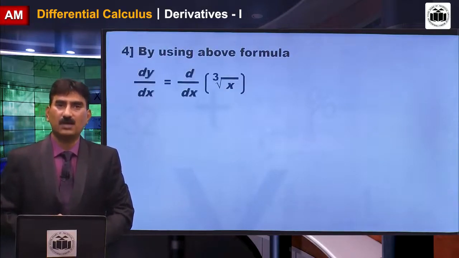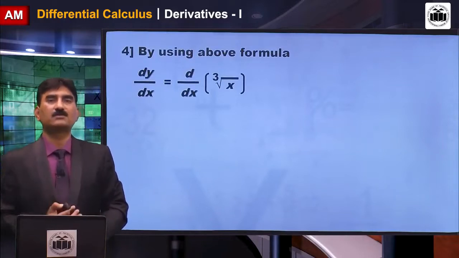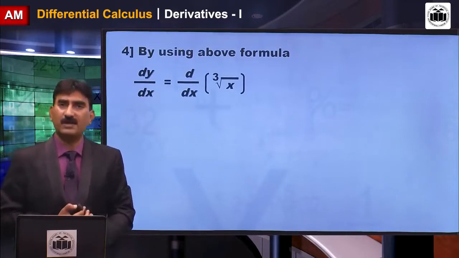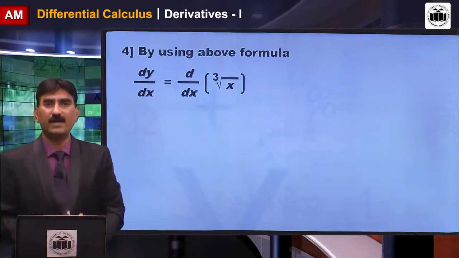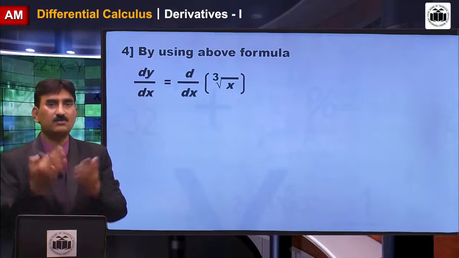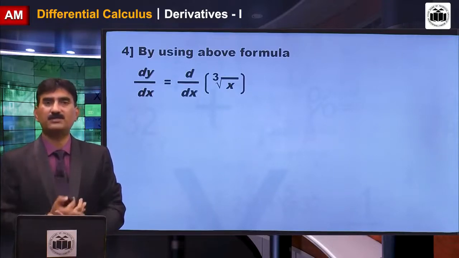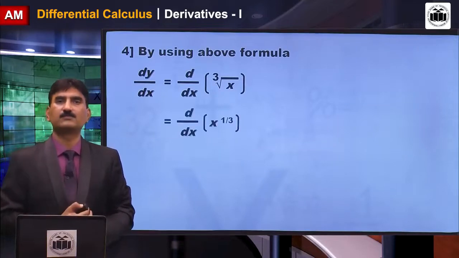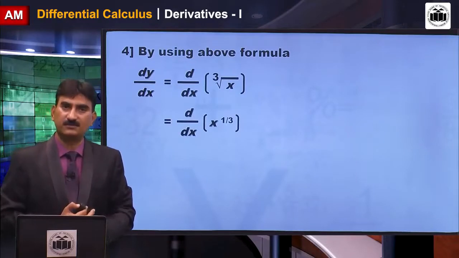Now another problem, third root of x. Now what is the derivative of third root of x? Again you have to convert it into the form of x raised to n. Now you tell me what is the third root of x? What is the index of x here? Very good. It is x raised to 1 by 3.